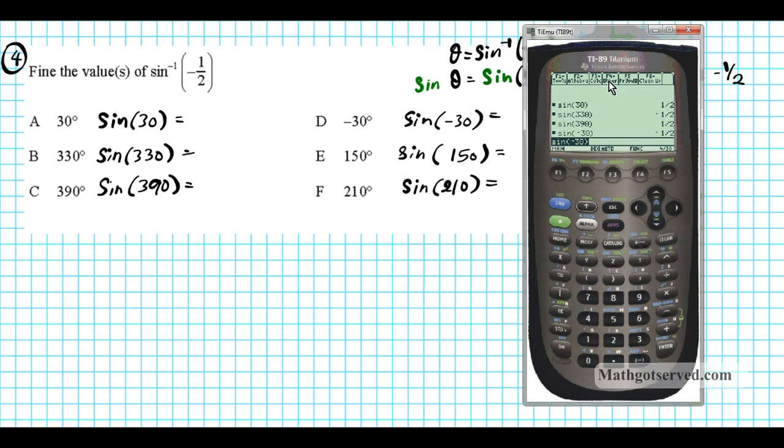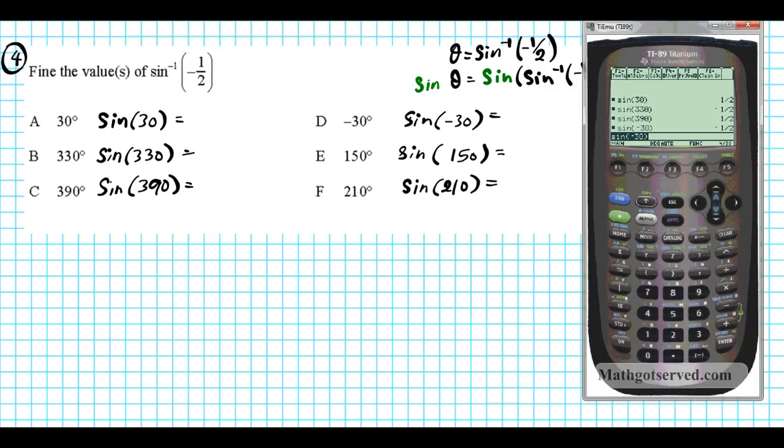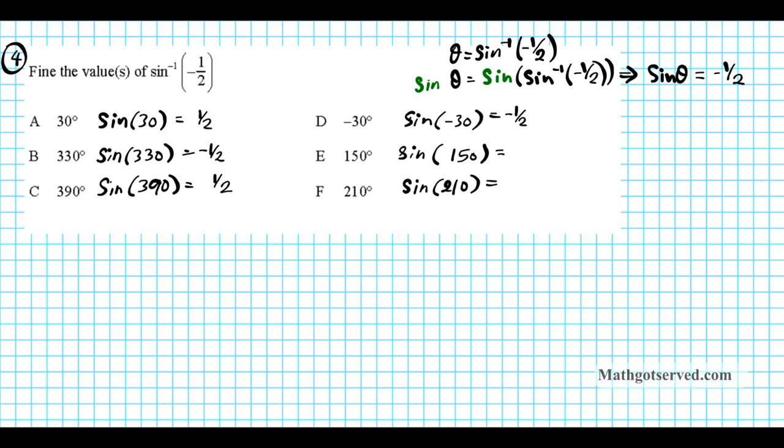So let's write down what we have so far so we don't lose track. We have for 30 degrees 1/2, negative 1/2 for 330, 1/2 for 390, negative 1/2 for negative 30. So bottom line, we know that this is good, and these two are no good.